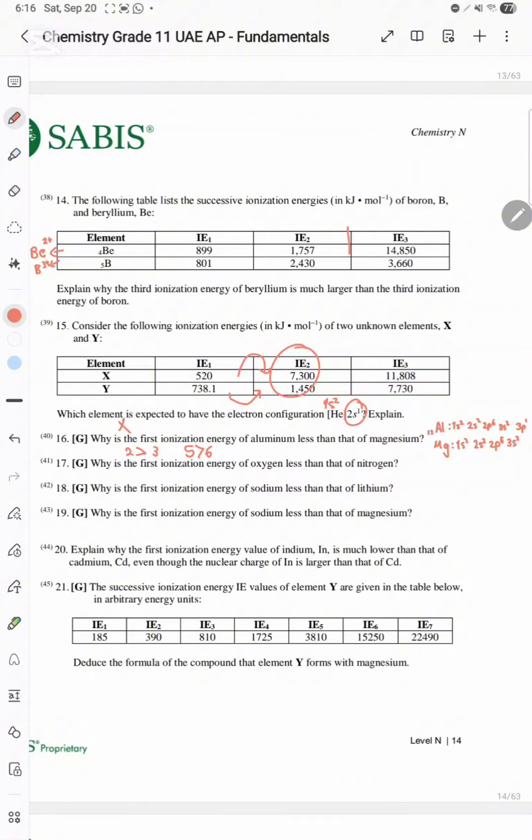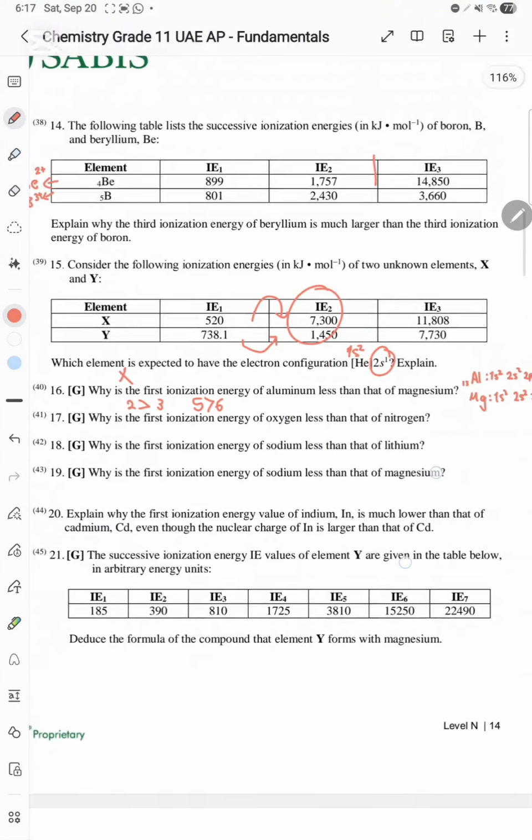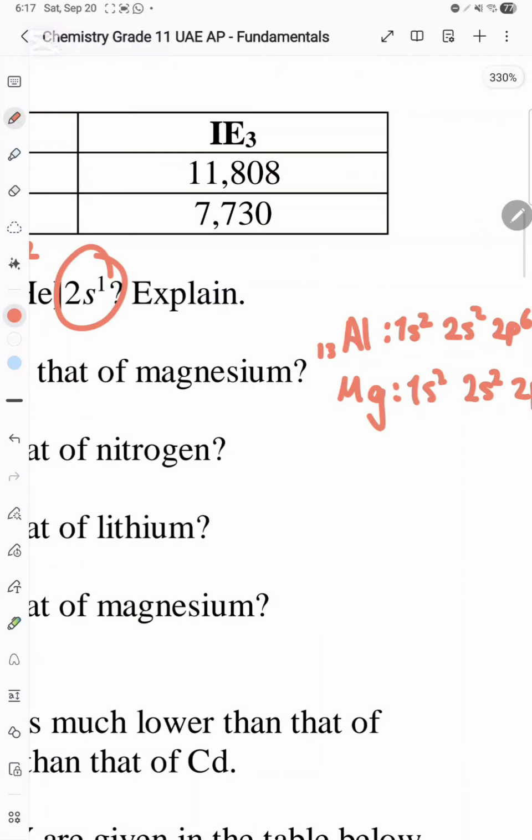The same applies to group 5 and 6, by the way. Why is oxygen less than nitrogen? Like I said, nitrogen is in group 5 and oxygen is in group 6. It's for the exact same reason, except for different energy levels. So oxygen is 8, nitrogen is 7.